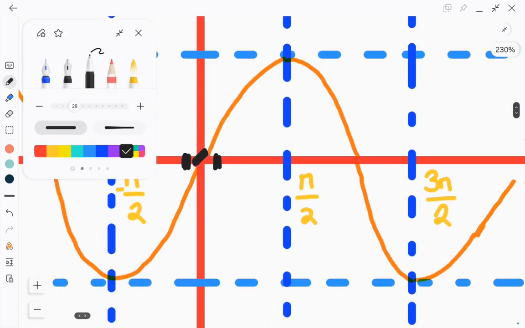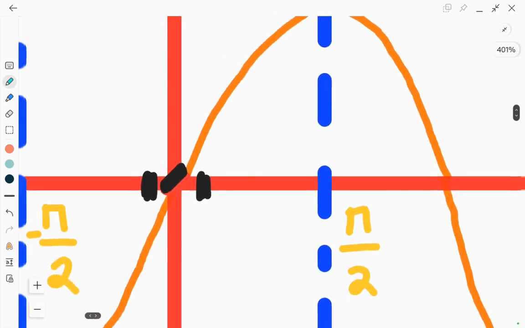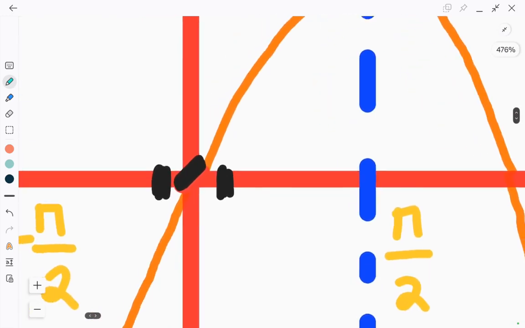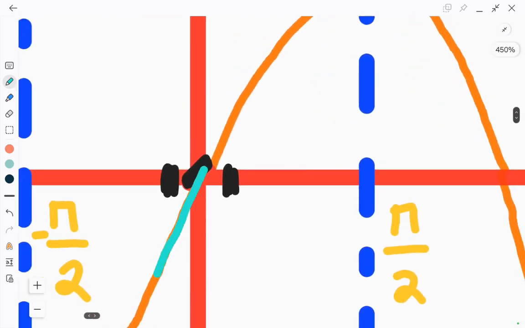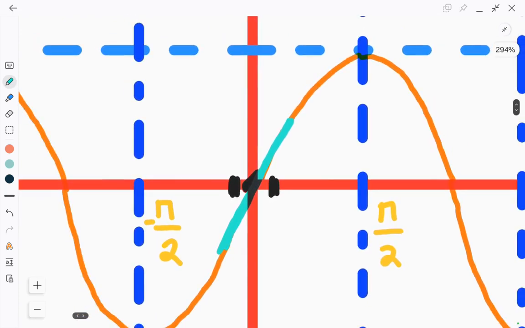Now if we closely observe the sine graph, we get to see that there is a structure in the graph like this, which we can say is kind of the y is equal to x graph. So we get to see this blue colored graph as y is equal to x.